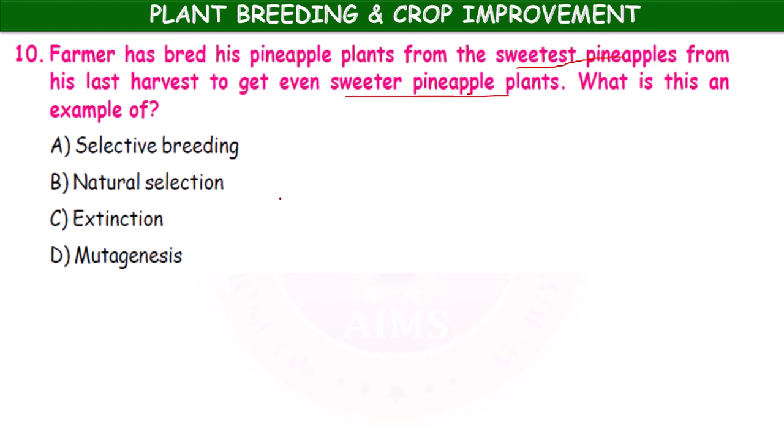Selective breeding means what technique is involved, what crop improvement method is involved. Okay, a breeding method is involved. Selective breeding, natural selection, extinction, mutagenesis. It is selective breeding.